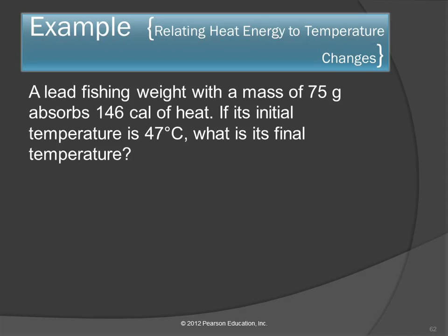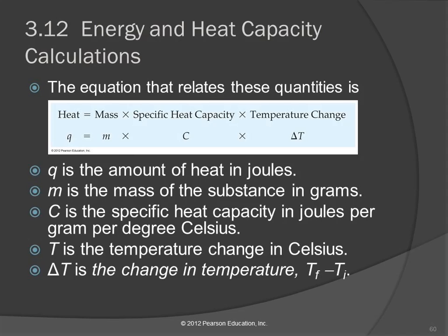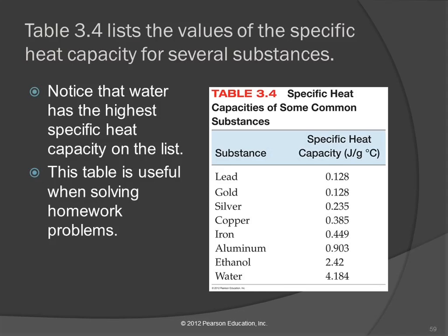It says a lead fishing weight. We're going to need the specific heat capacity, aren't we? So let's go back and look it up. Lead, 0.128 joules per gram degree Celsius.